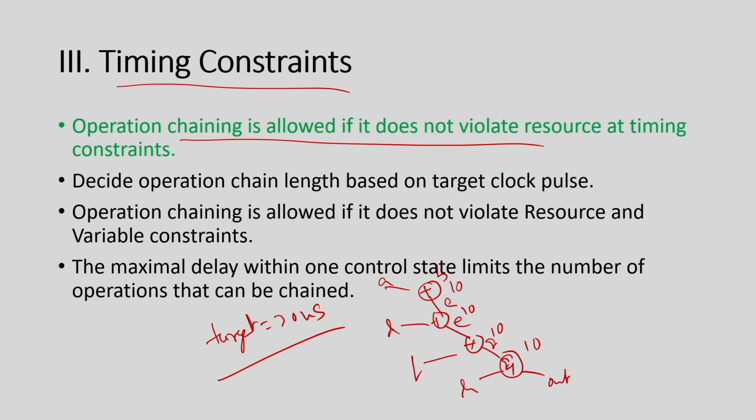You have to break this path, and where to break? You can break between the third and fourth operation, or you can break in the middle, doing 2 operations in clock 1 and the next 2 operations in clock 2, in state 1 and state 2. So, there are many such constraints going to happen.